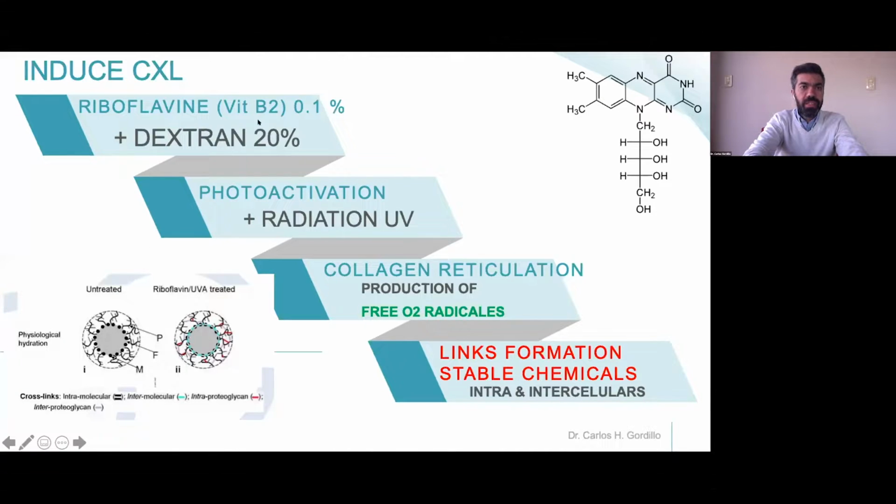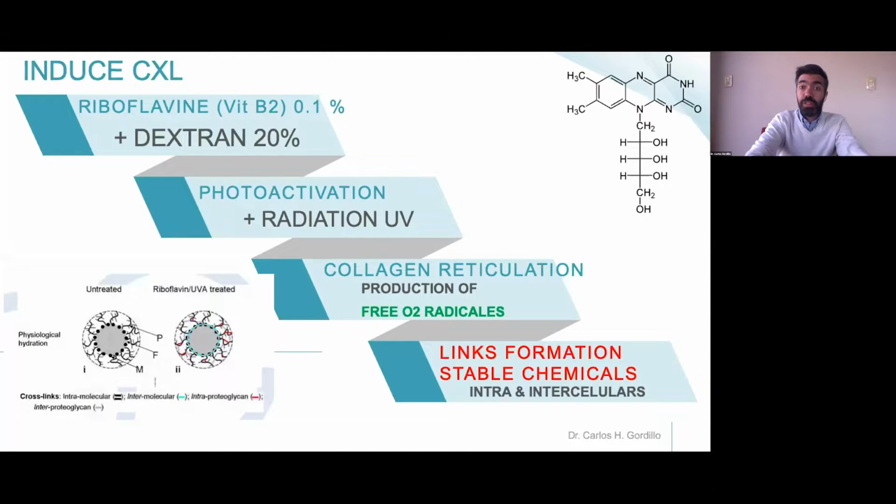So here you can see all the process to understand how it works. When you induce the cross-linking, you'll have to mix the riboflavin, it's a B2 vitamin, with dextran. The dextran is good because it's gonna maintain the osmolarity of the cornea to avoid the edema.